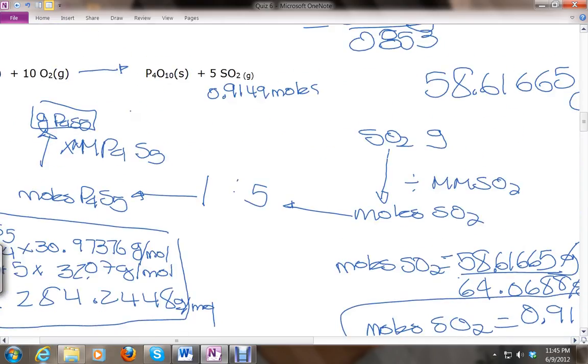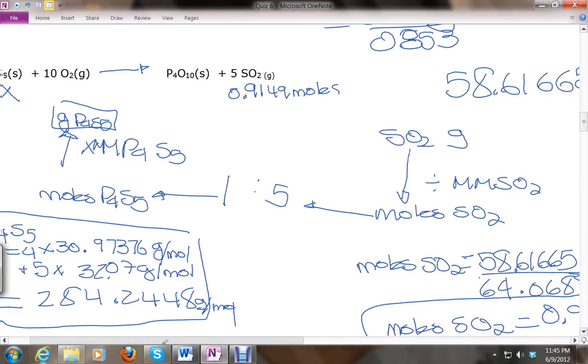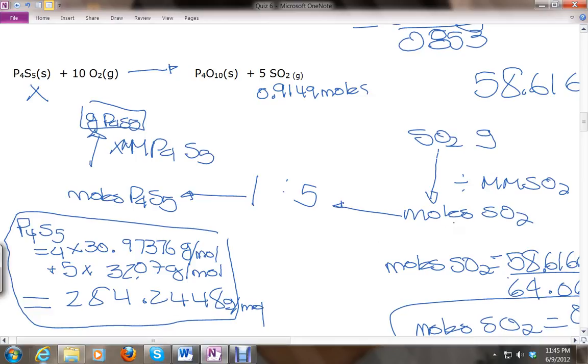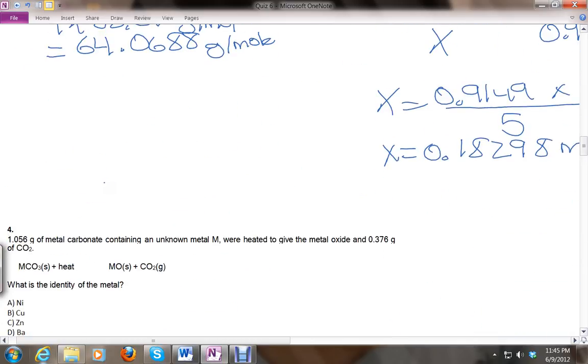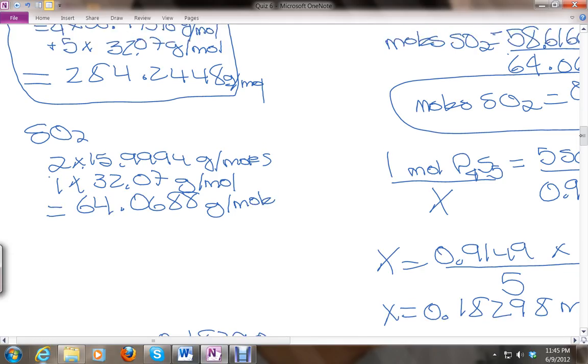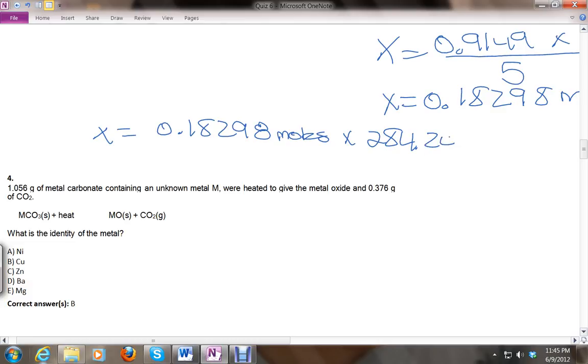So what is the next step? Multiply by the molar mass of the P4S5, and it is 284.2448 grams per mole.